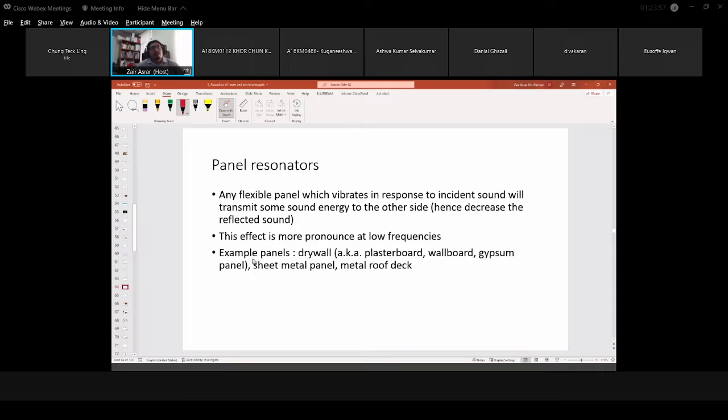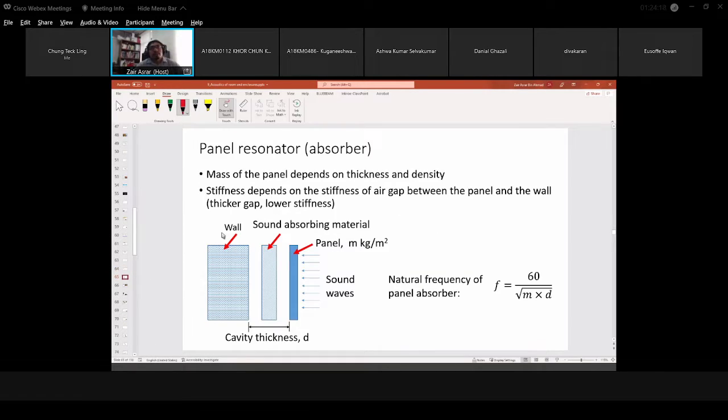So examples of this panel can be in the form of drywall, plasterboard, wallboard, gypsum panel, sheet metal, metal deck, and so on. Normally these are the kind of material that people use to construct rooms. So you can have something like this.